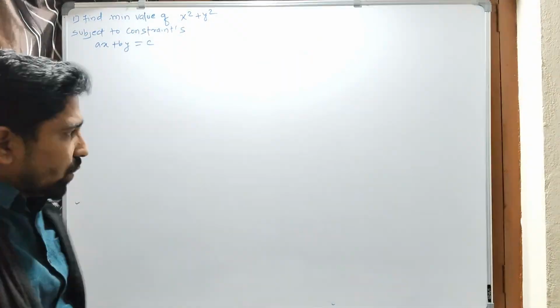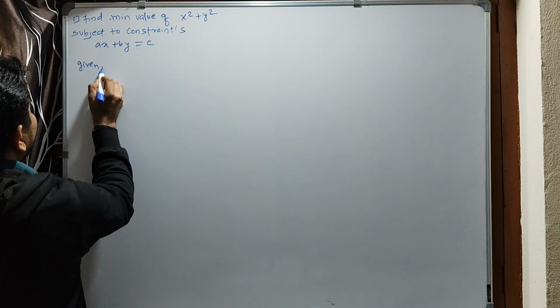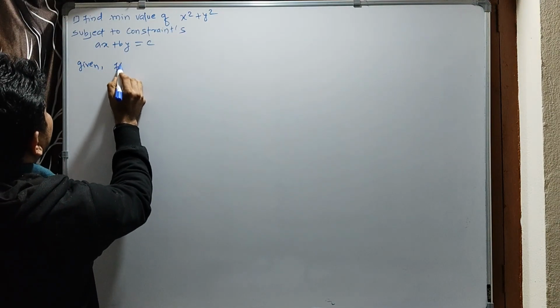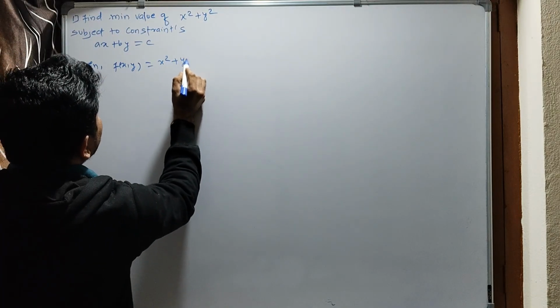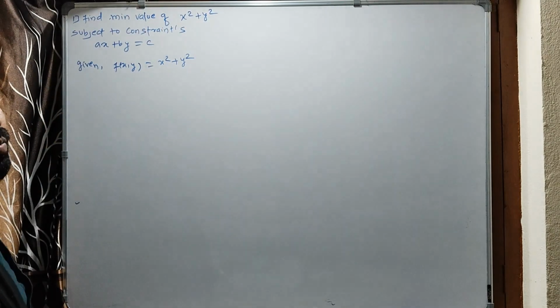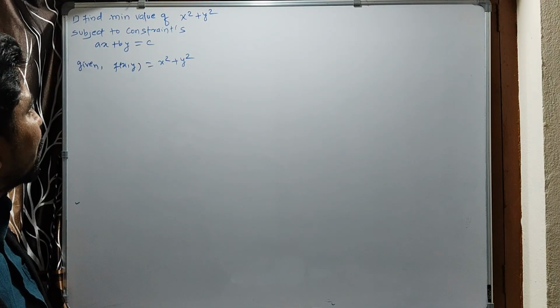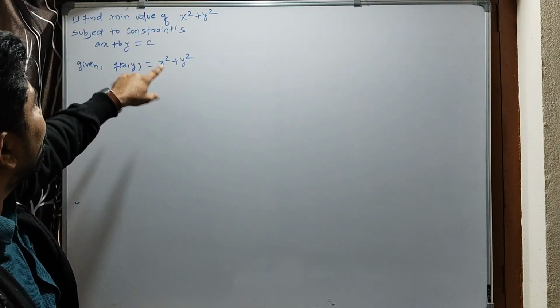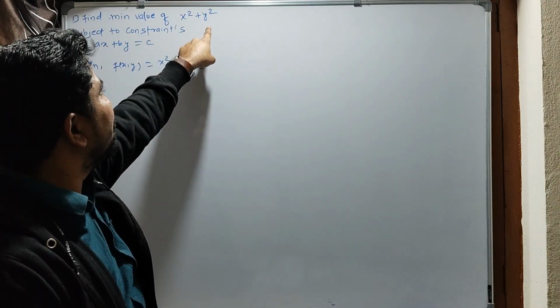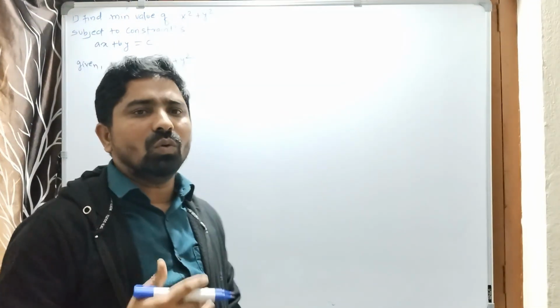So given f of x comma y equal to x square plus y square, this is my objective function. I want to minimize my objective function with respect to the constraint ax plus by equal to c.